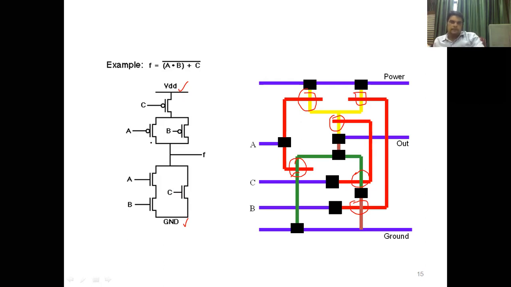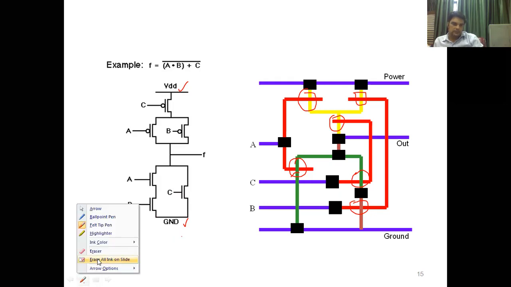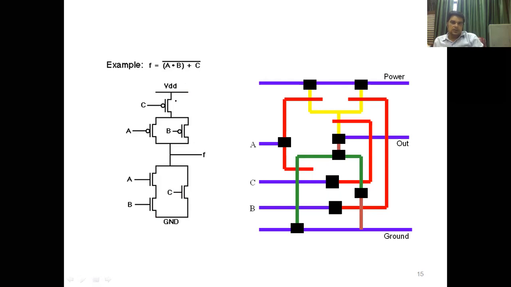Now, if I want to draw the diagram as per the given circuit, I can also do a thing like this. As per the circuit, I will draw a P diffusion line here, like this.